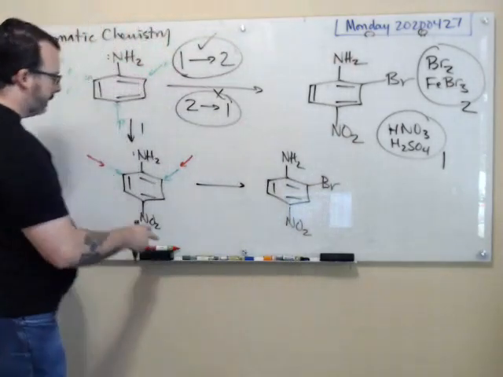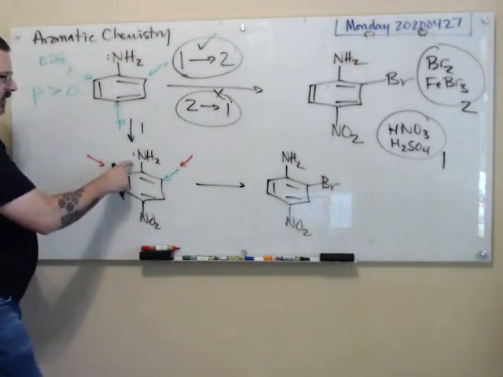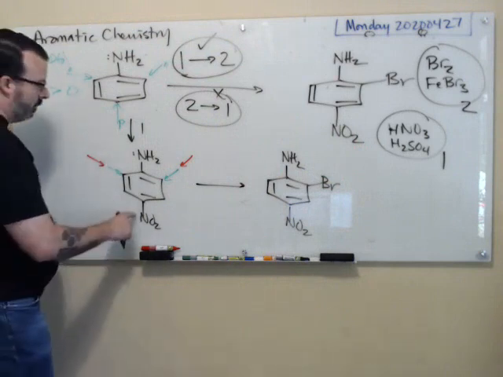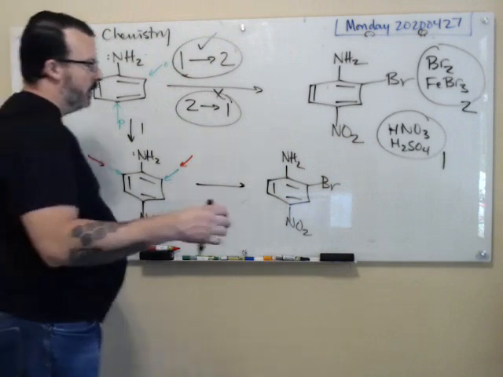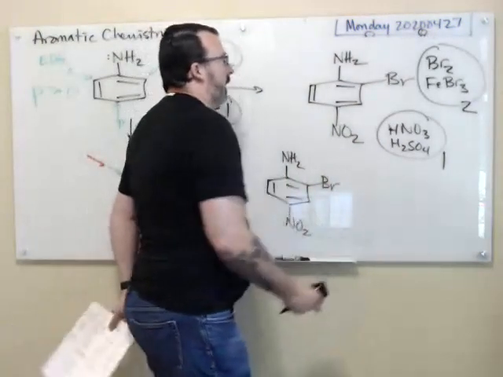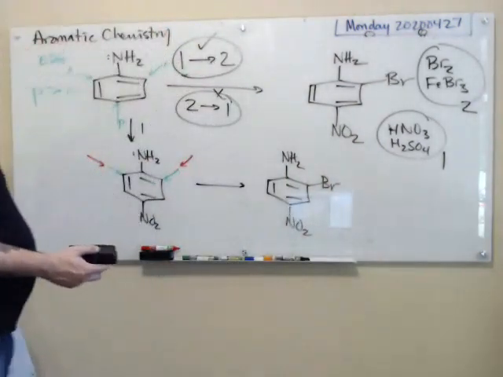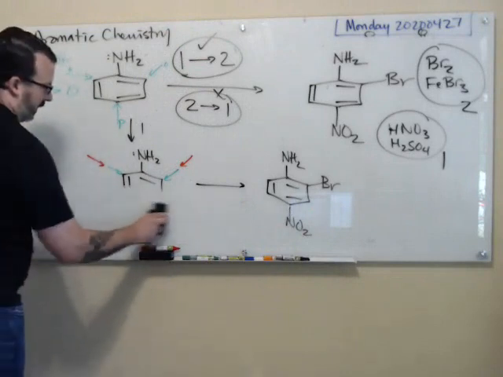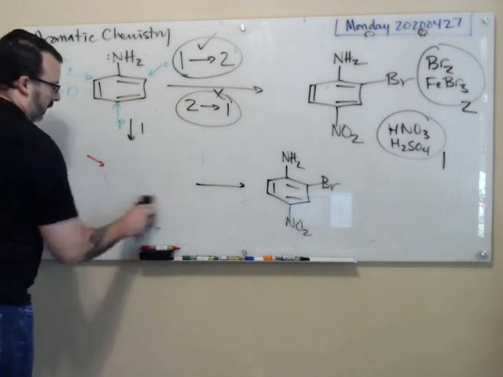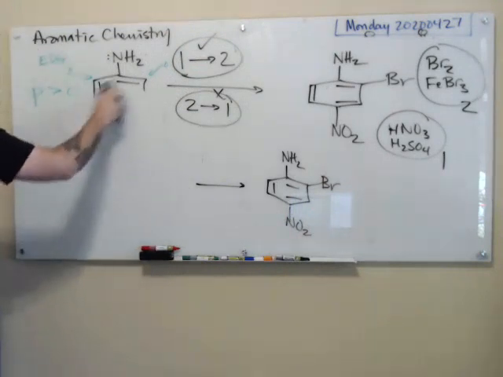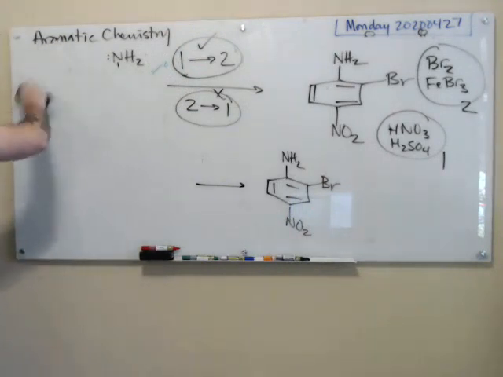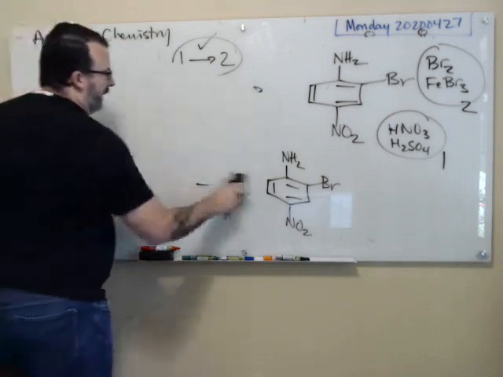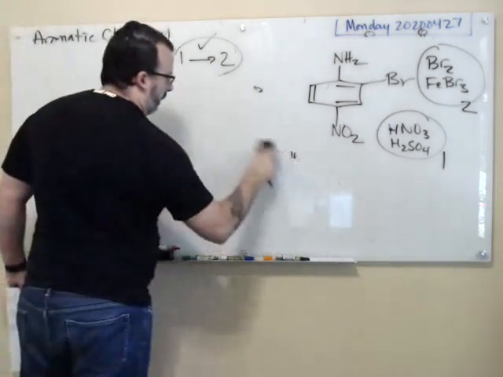Again, these things, NO2 versus NH2, they direct differently. We know how to get this on, but we don't know how to get that on. So what we're going to do over the next 15, 30 minutes or so is look at some more reactions to expand our toolkit here of how we get substituents on and how we can manipulate the directing group ability.